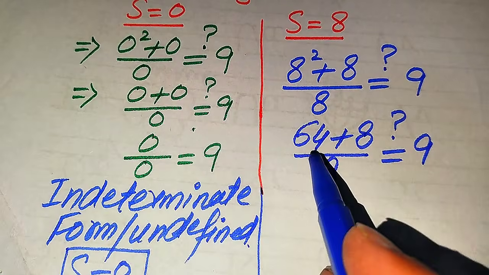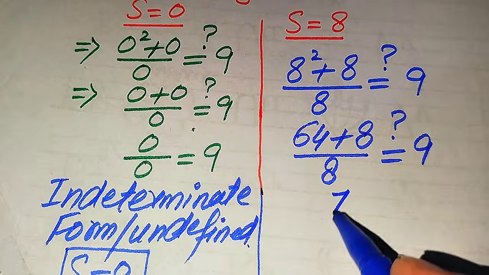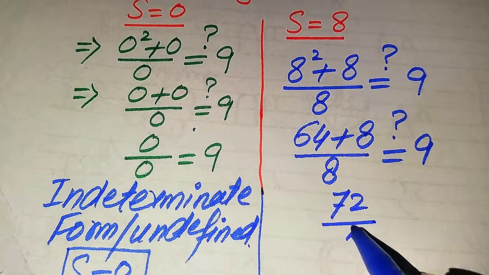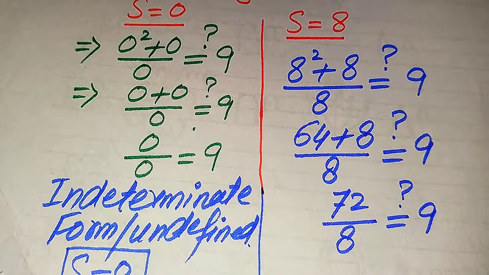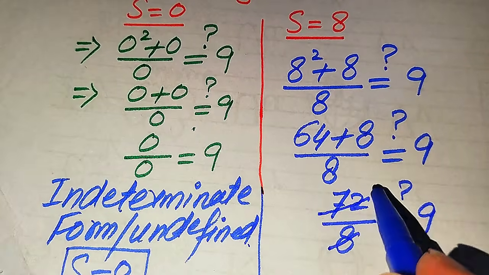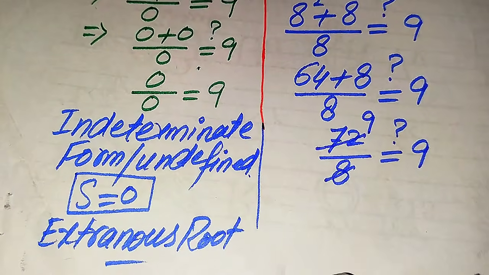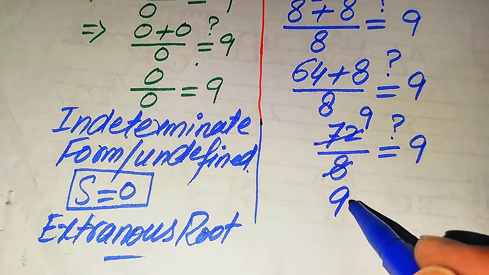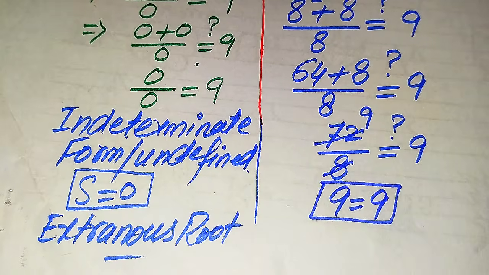And further you see here 64 plus 8 becomes 72, divided by 8, is it equal to 9 or not? And you see here 8 times 9 becomes 72, and you easily see that we have 9 equals 9. So both of the sides are equal.